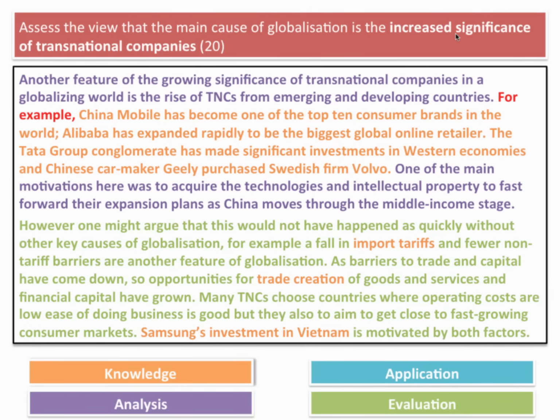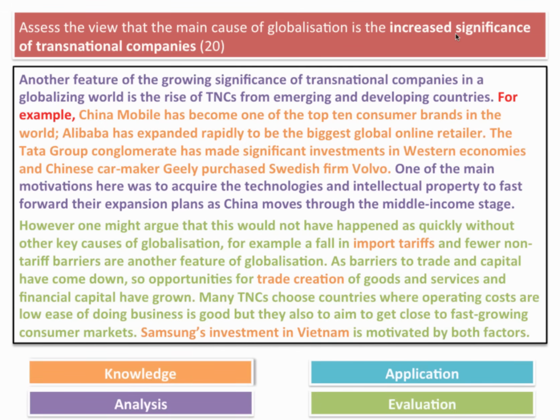So we're being asked to explain why TNCs are a major driver of globalization, and I took a slightly different tack in this section. Again, it's a 2-paragraph component. It's my analysis followed by my evaluation. Analysis always comes first. So here I'm arguing that actually what's really interesting at the moment is the rise of TNCs from emerging countries, from developing nations.